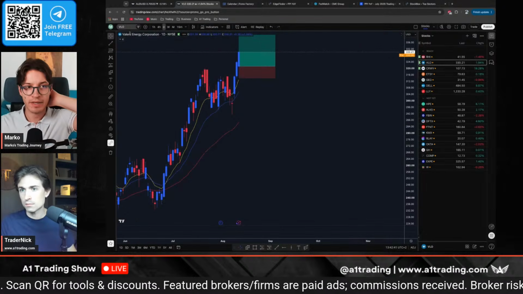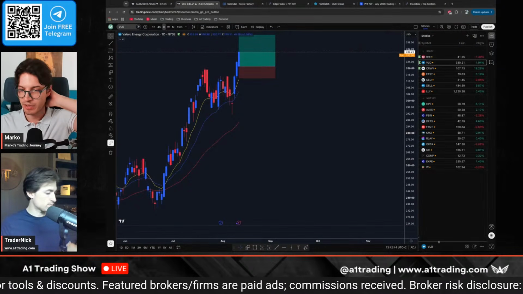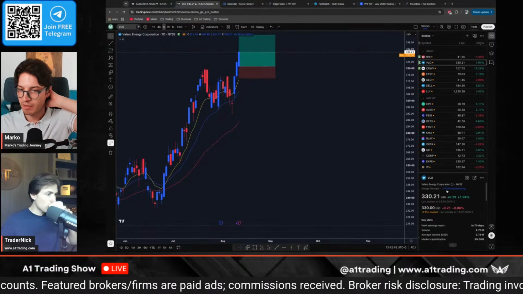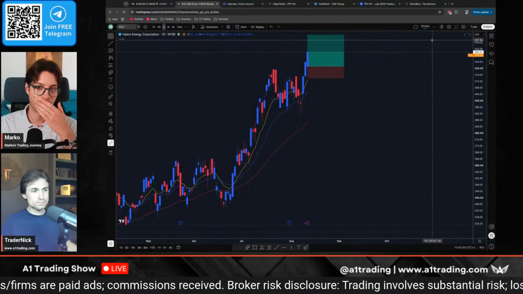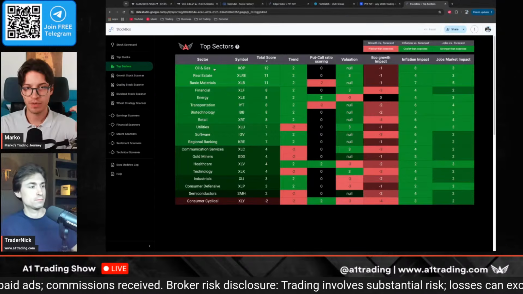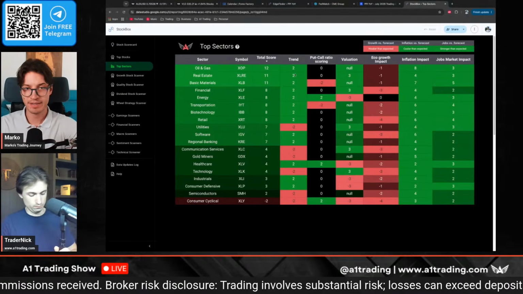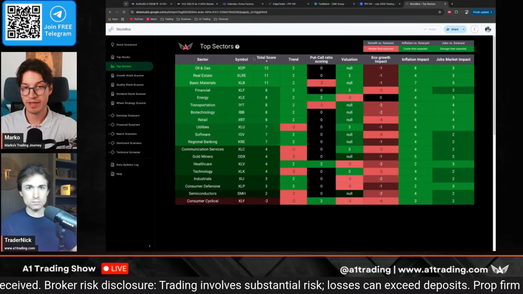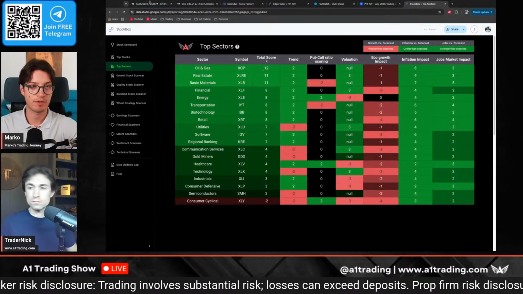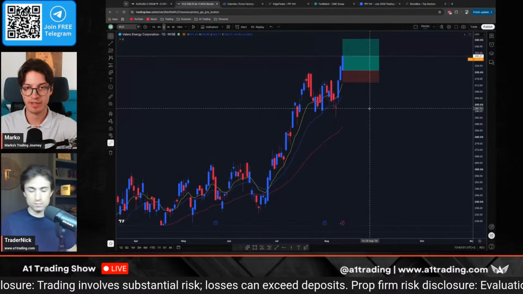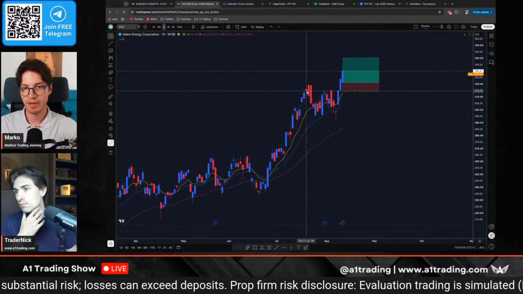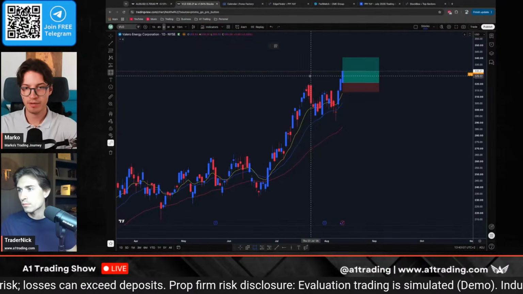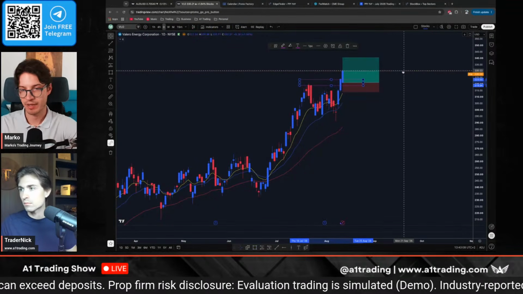Yeah, just to finish up, I think I actually have one energy stock here. I think VLO is supposed to be an energy stock. Let me just see. Oil refining marketing. So this is the principle, basically. You find the top sector, which in this case could be oil and gas. You find the best trade in the sector or the best stock in the sector, which in this case could be VLO because the technicals are picture perfect with the pole and the flag and the breakout, and you buy the breakout.